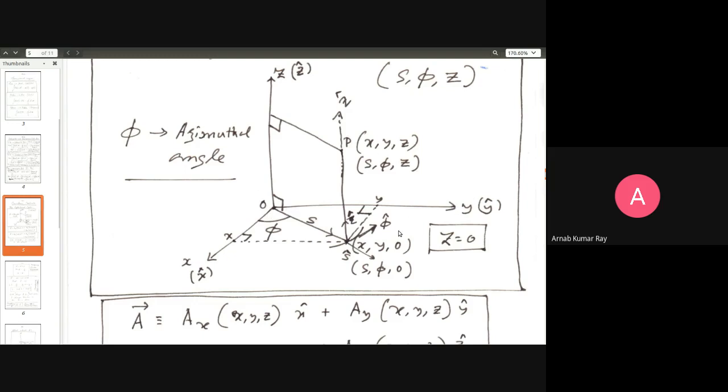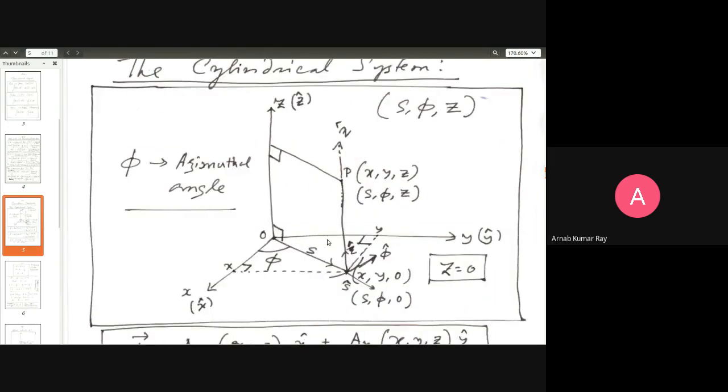Similarly for phi cap: at this point, phi cap will be pointing this way. At this point on this line, phi cap would be pointing in the negative x direction. On the x-axis, phi cap will be pointing in the positive y direction, because it will go like this all the way around. So those are two important points I wanted to make.